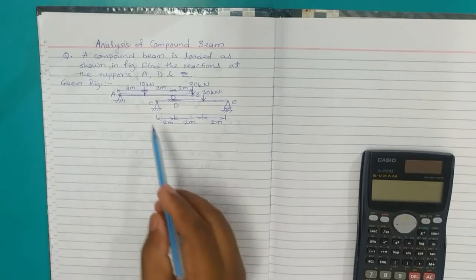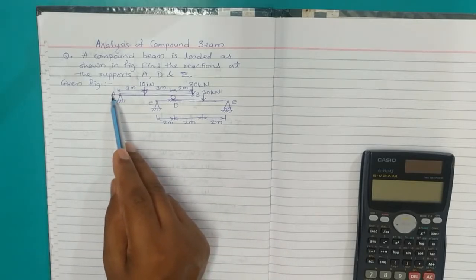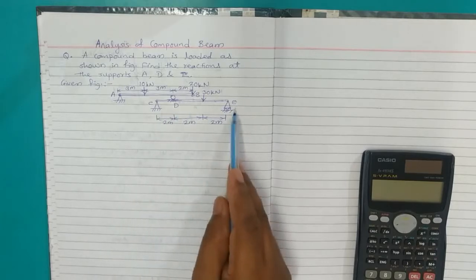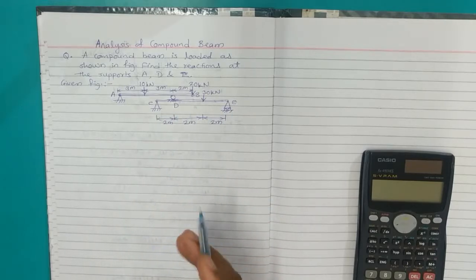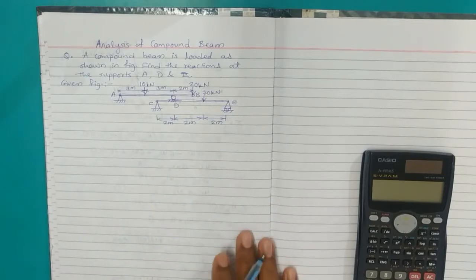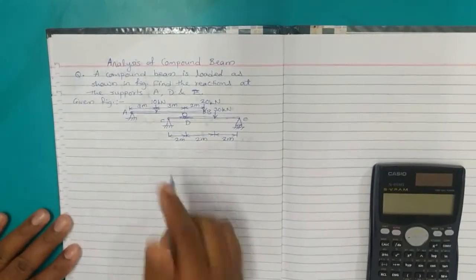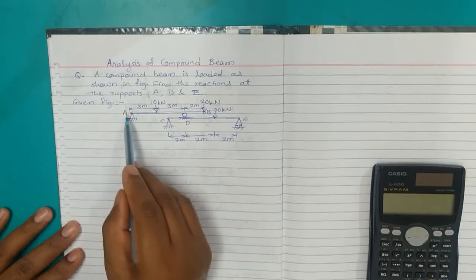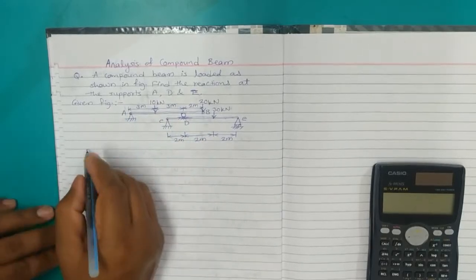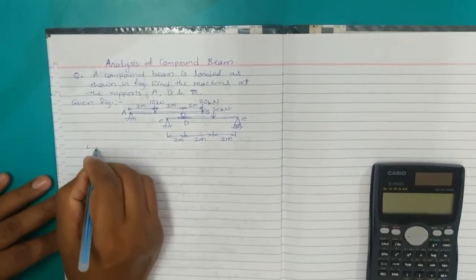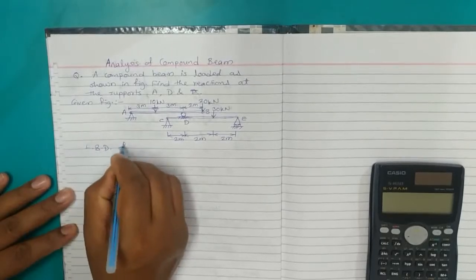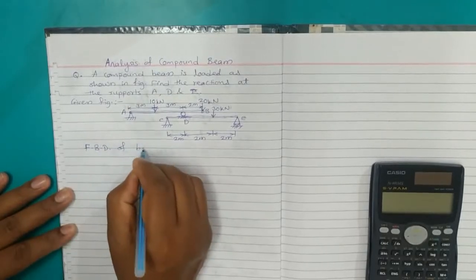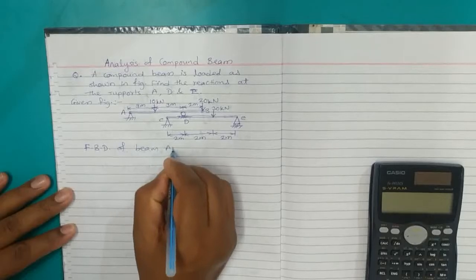We should isolate the members of the beam AB and CDE, and we should consider their FBDs separately, and then we should solve those. Let's consider the FBD of the uppermost part of this compound beam, that is the part AB, first. Let's draw the FBD of the upper beam AB.